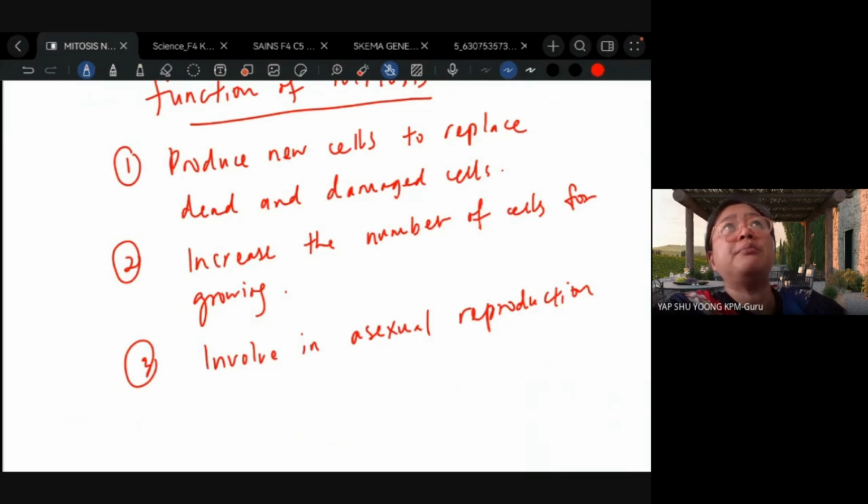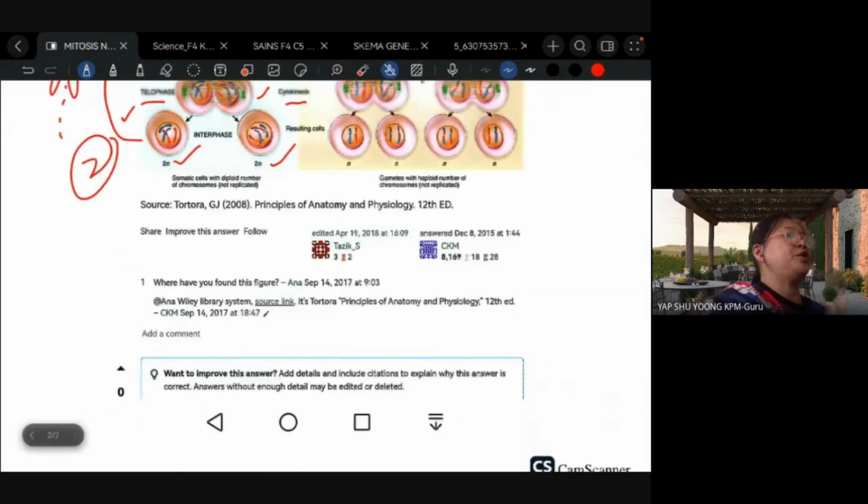Example, banana: it reproduces through asexual reproduction. Bamboo also reproduces asexually. It does not involve the male and female gametes. Or amoeba: amoeba also reproduces asexually through binary fission, producing new cells. Okay, we go back to this part.